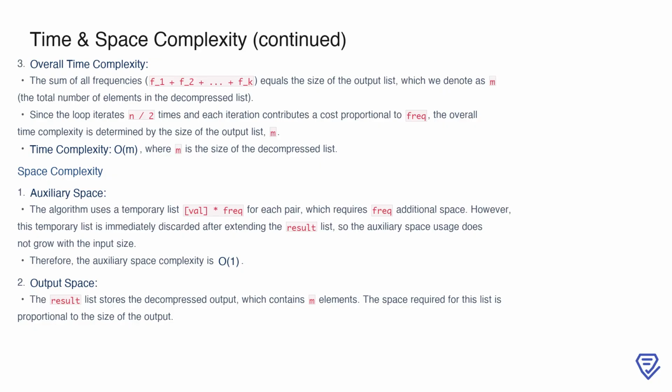This total corresponds to the size of the decompressed output list, which we call m. Since the for loop processes the input list in n/2 iterations and each iteration contributes a cost proportional to frequency, the total cost of the algorithm is directly proportional to the size of the output list. Thus, the time complexity of the algorithm is O(m), where m is the size of the decompressed list.